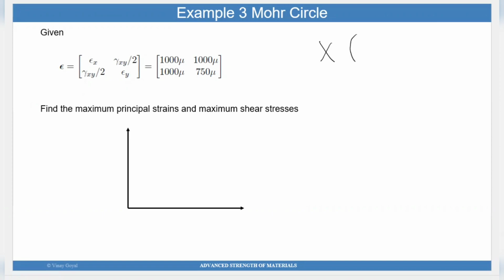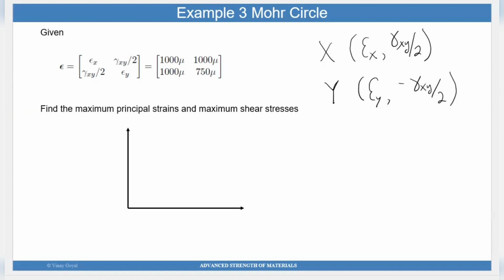And it's going to have coordinates of epsilon x, comma gamma xy divided by 2. And then for y, you need to plot epsilon y, comma, negative gamma xy divided by 2. So that's the process.